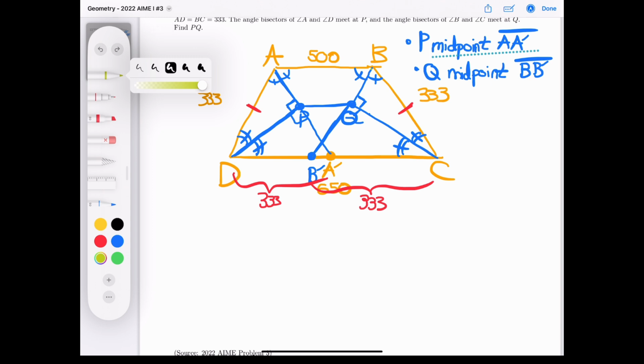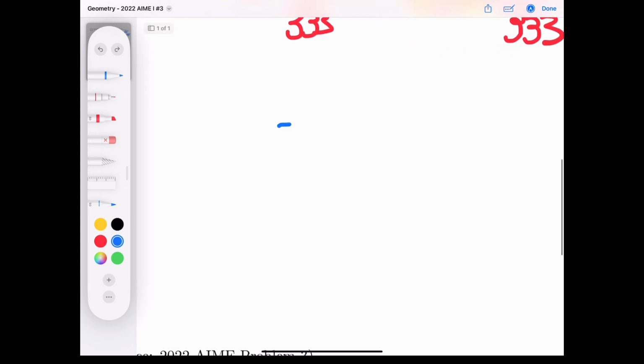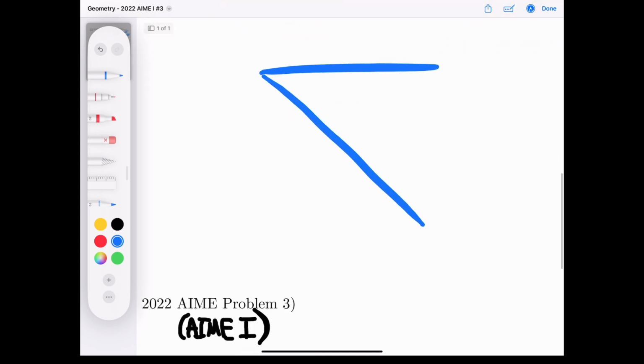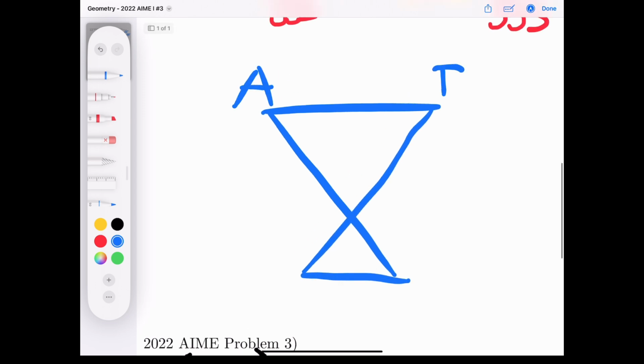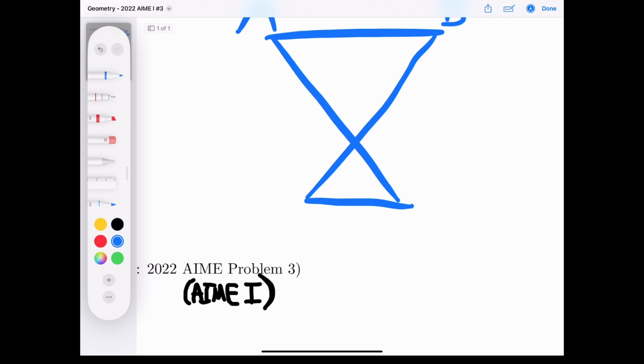And so finally, I claim that given this configuration, here you have AB, and A prime, B prime.